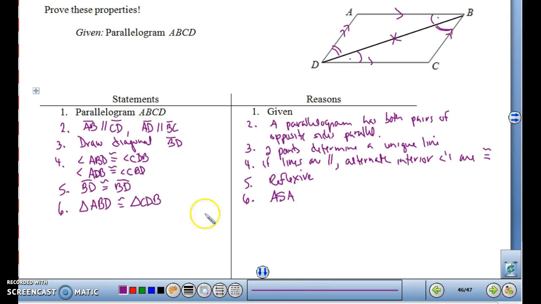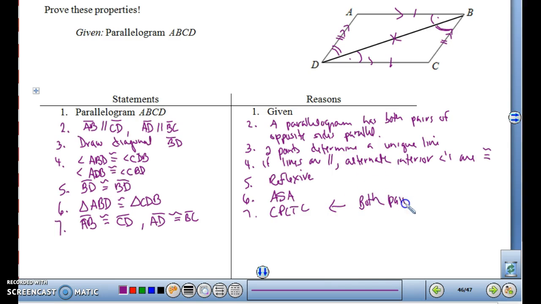Now if those triangles are congruent, what does that tell me about CD and AB? They are congruent by CPCTC. So AB is congruent to CD by CPCTC. What else is also congruent? Well, AD would be congruent to BC. Same reason. So we have just proved that both pairs of opposite sides are congruent.